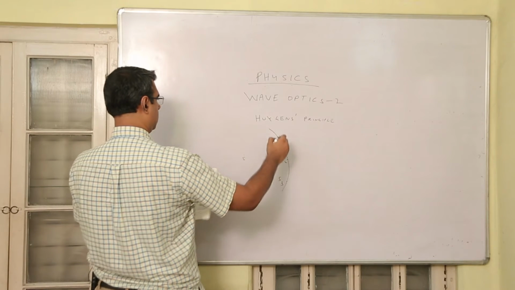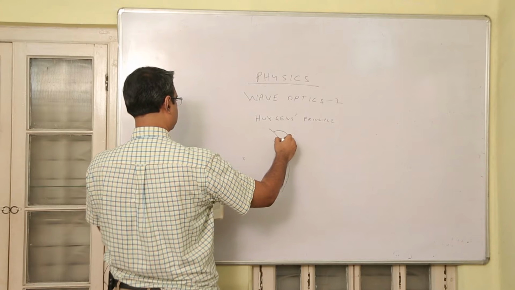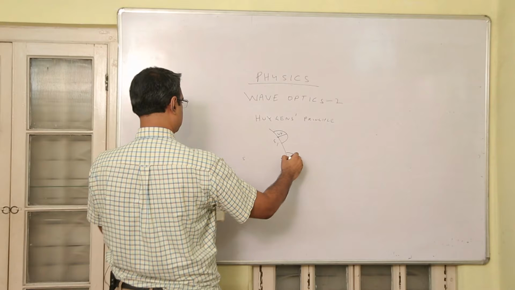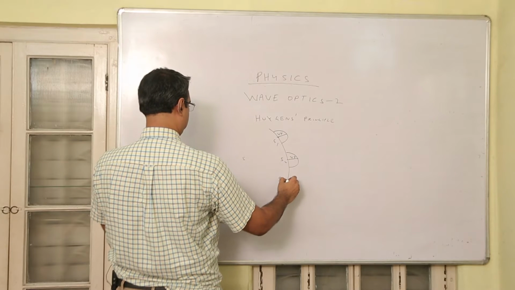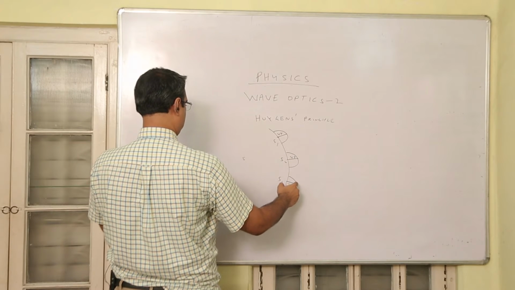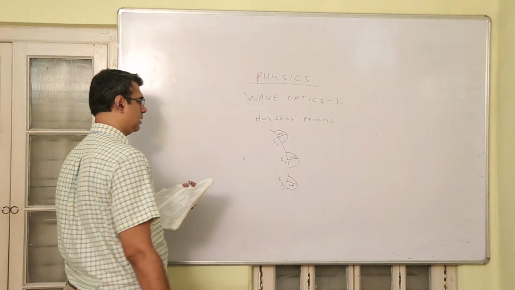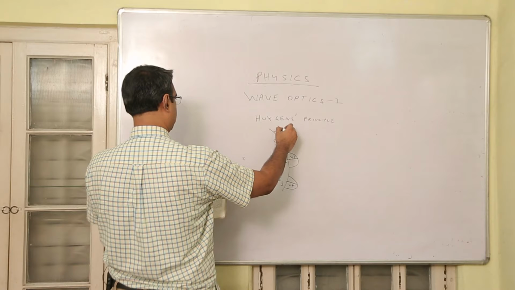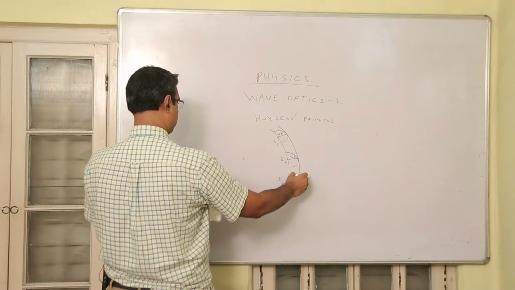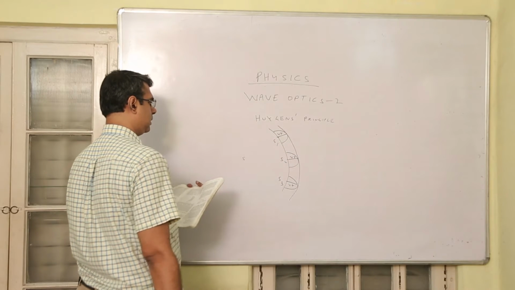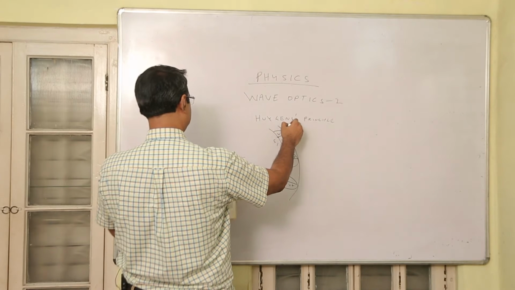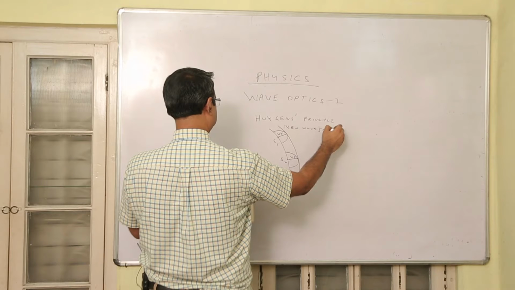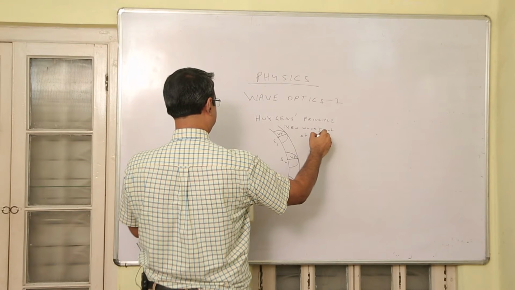According to Huygens principle, if you draw arcs whose radius is equal to Vt, V is the speed of light and t is the time of travel, and the centers of these arcs will be at S1, S2 and S3, then the envelope of these arcs, something like this, will give you the new position of the wavefront at time t.